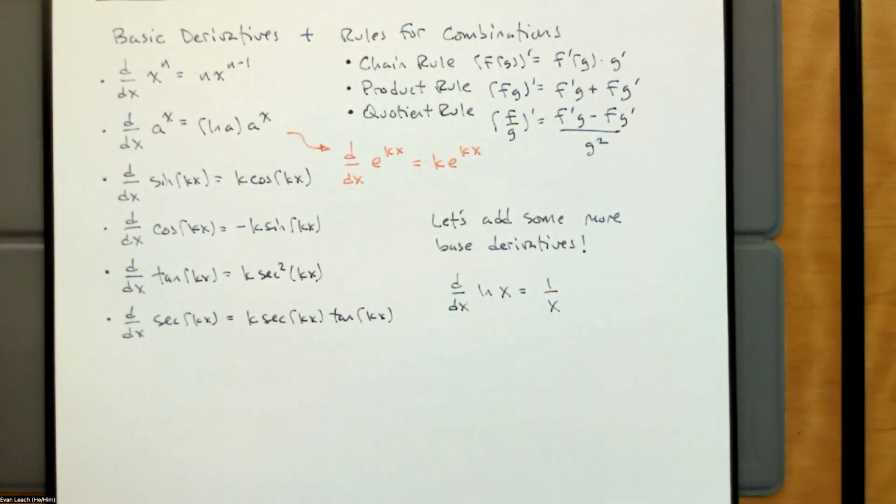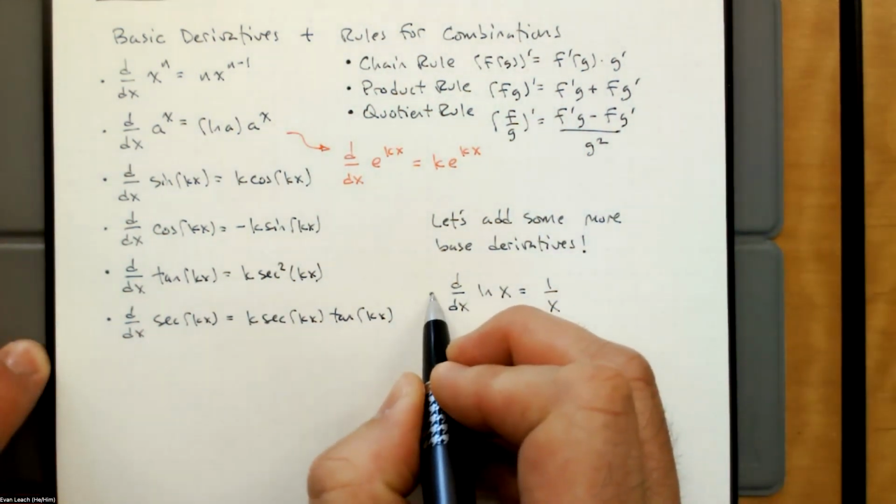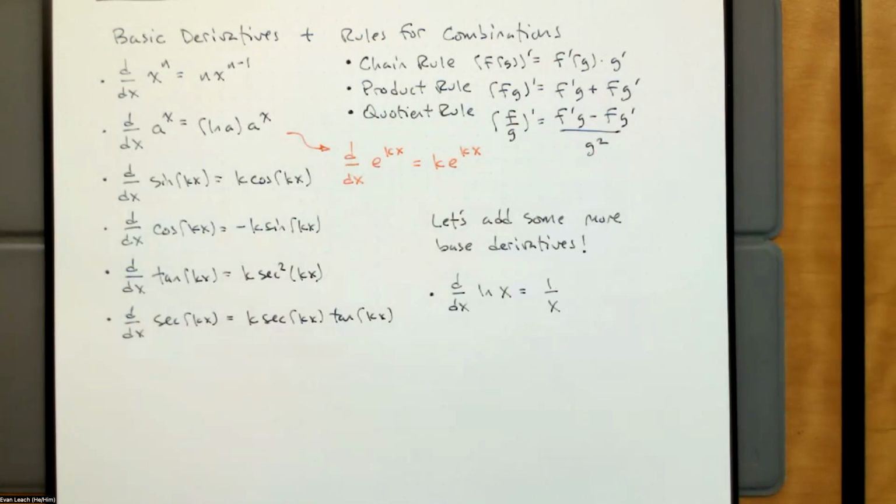The derivative of natural log of x is 1 over x. Here's what's interesting here. We start off with this transcendental function, natural log of x. It's the inverse of e to the x. And the derivative of natural log of x is 1 over x. When we find the derivative of this weird logarithmic function, we end up with a rational function. That's pretty weird.